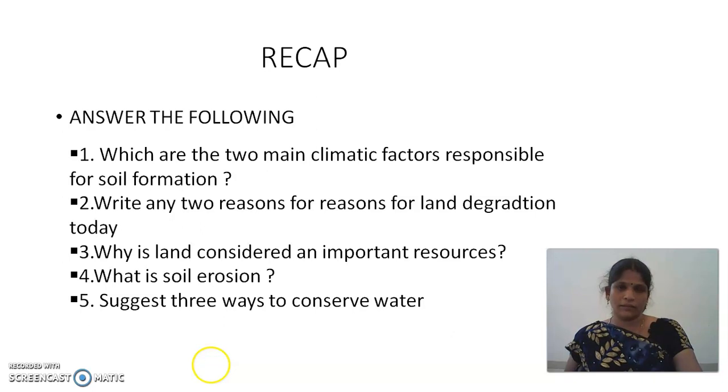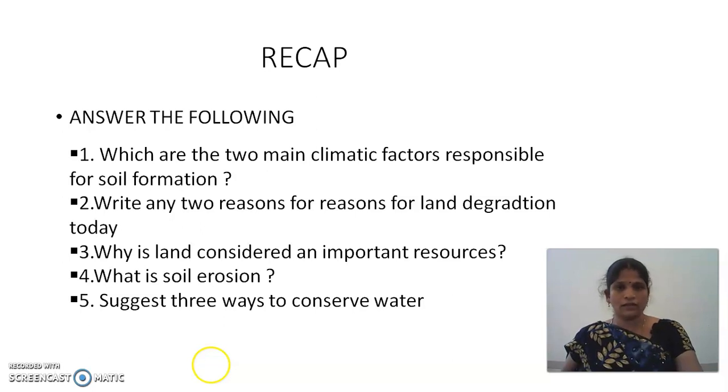Soil erosion means the top layer of the soil is removed by humans as well as by natural factors. How are humans responsible? Deforestation is one of the great reasons for soil erosion. This happens by humans. And the natural things such as wind and rain: heavy rainwater washes away the soil, and strong winds blow away the top layer of the soil. That is the reason for soil erosion.